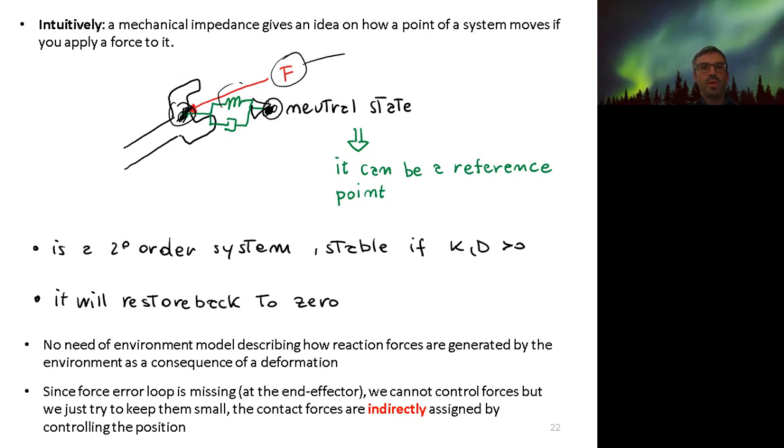Therefore we cannot control forces, but for example, by defining the stiffness and trying to keep it small, the contact forces will emerge from the motion we do. So according to the stiffness we set, a given motion from the reference point will be strictly correlated to the contact forces that generate that motion.